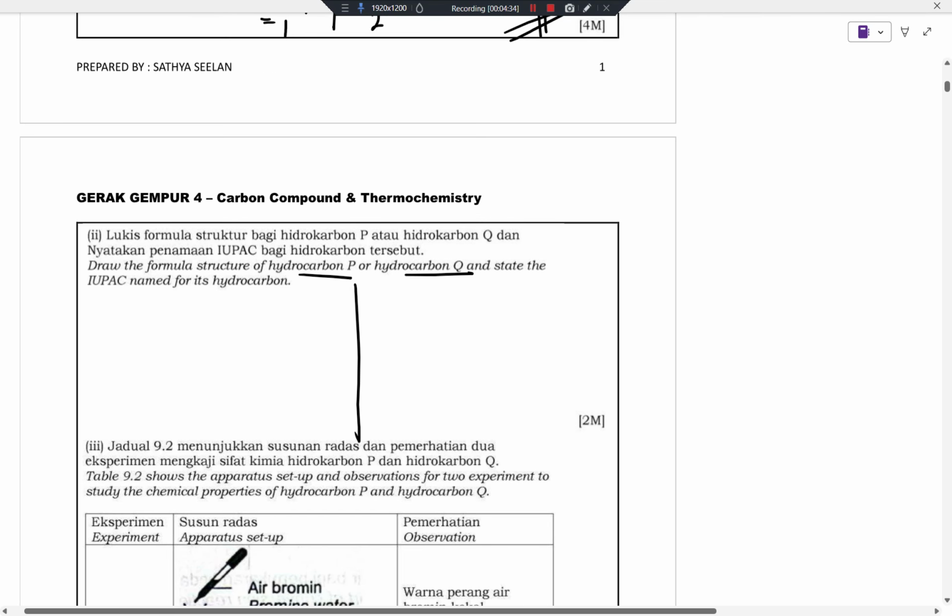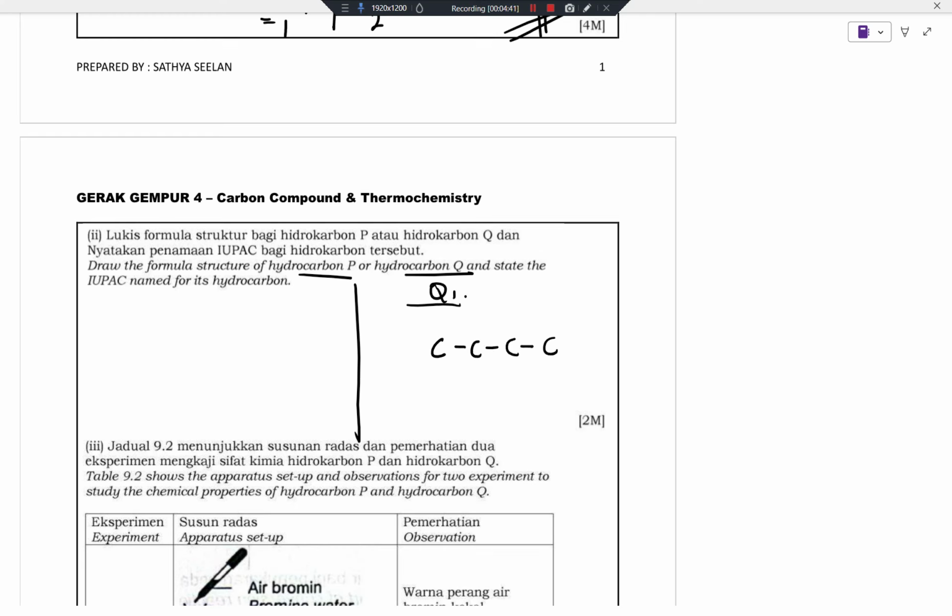Okay, now we draw hexene. Carbon 1, 2, 3, 4, 5, 6, you can put the double bond anywhere. All the other spaces are filled with hydrogen, and we call this hexene, IUPAC.